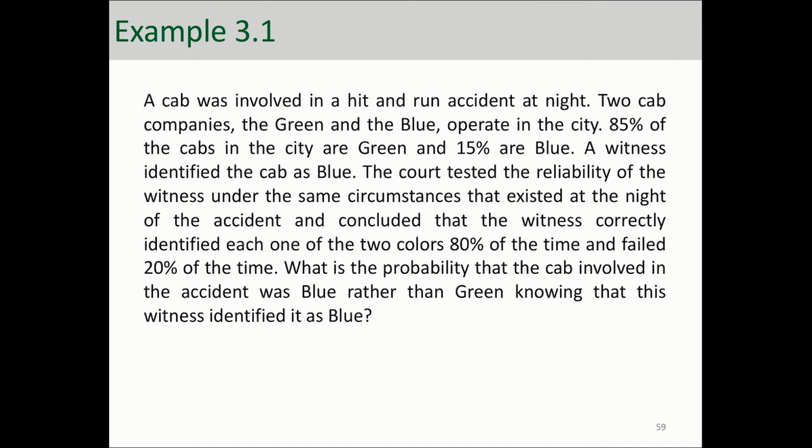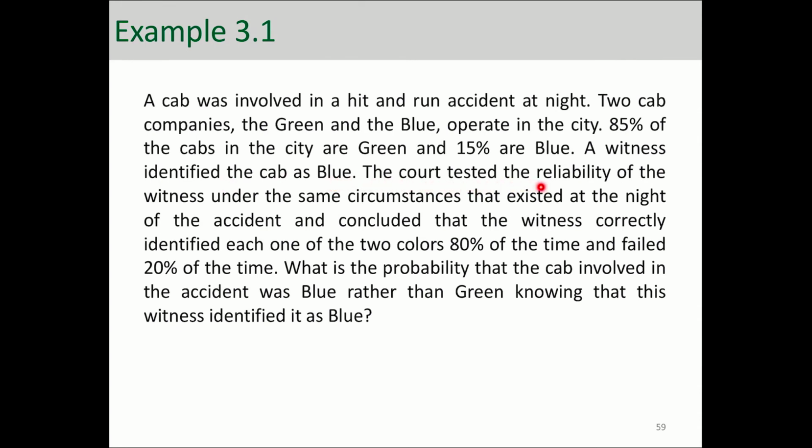So this one says a cab was involved in a hit-and-run accident at night. And two cab companies, the green and the blue, operate in the city. 80% of the cabs in the city are green and 15% are blue. A witness identified the cab as blue, the cab that was in the accident.